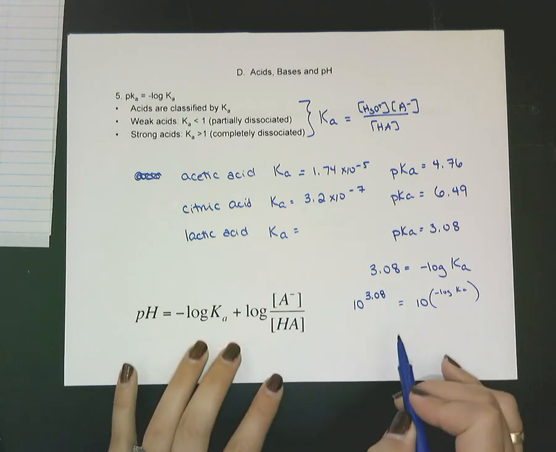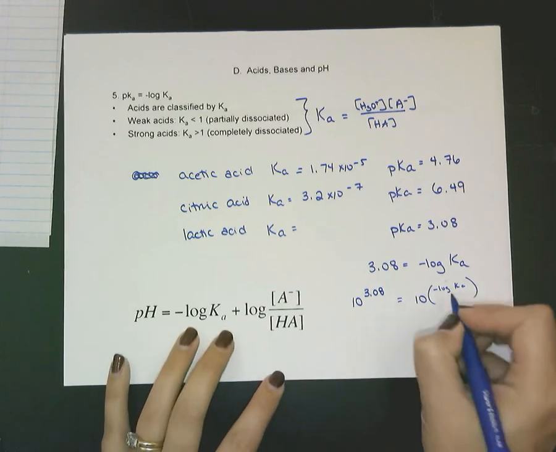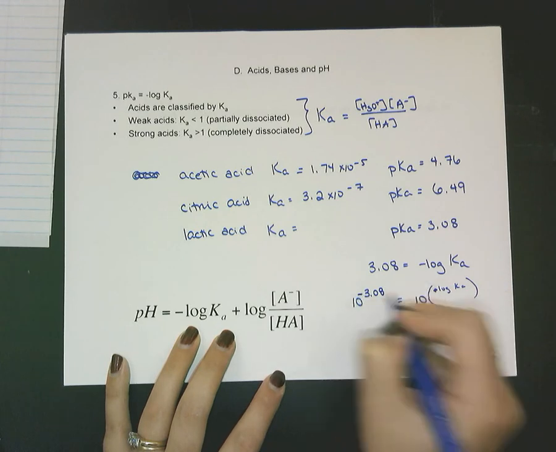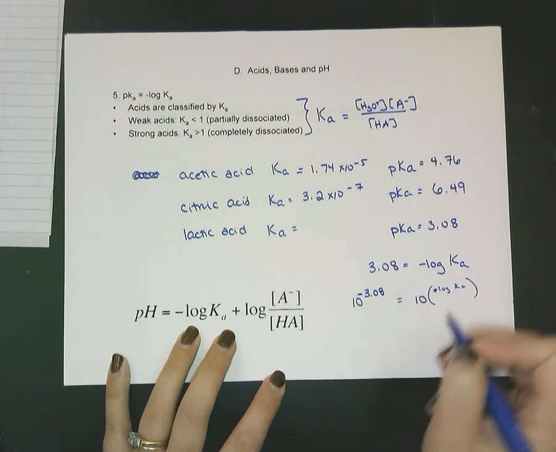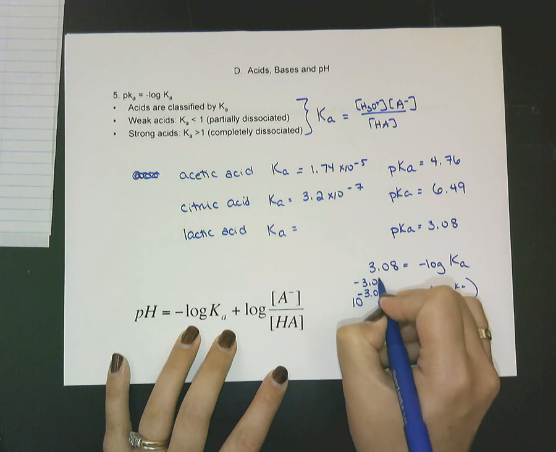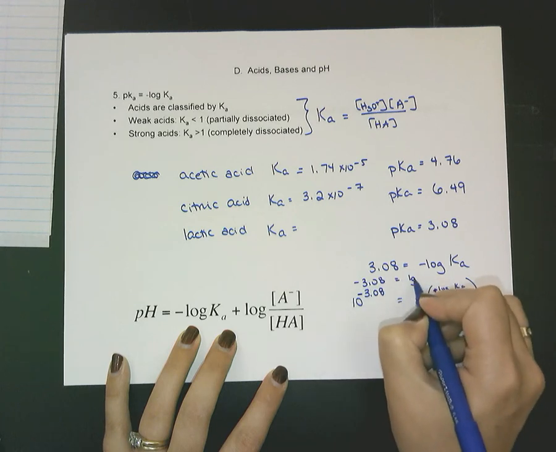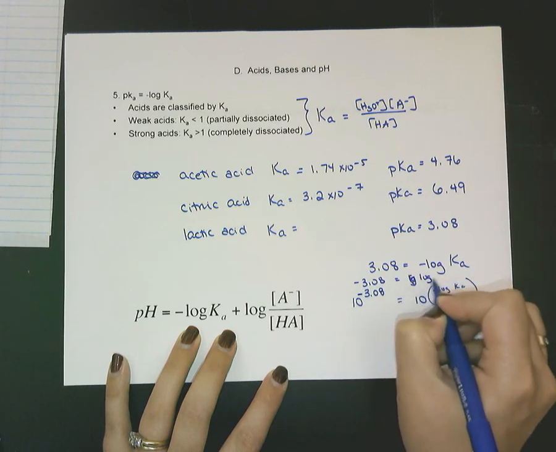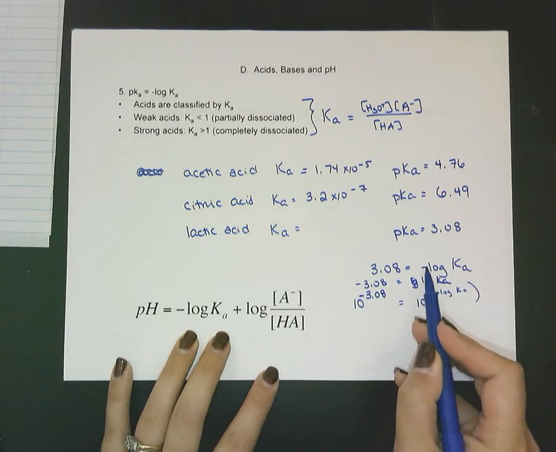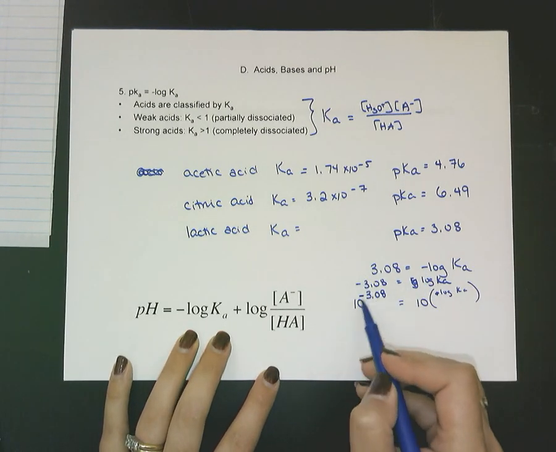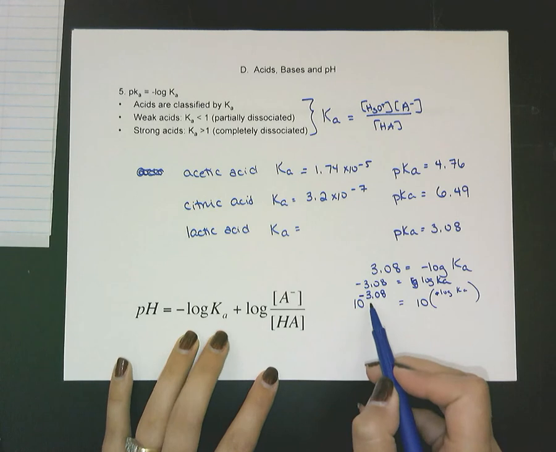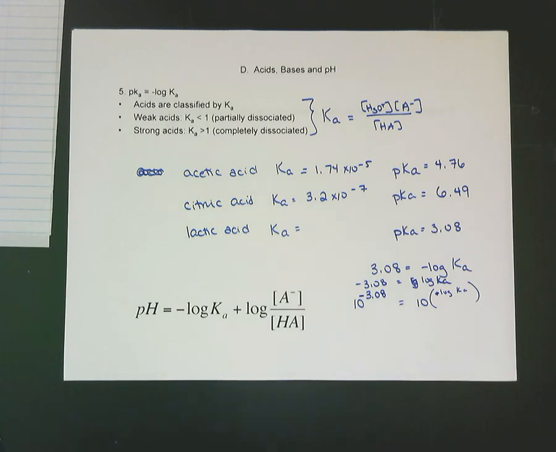Oh, I'm sorry, I messed it up. That negative should be over here. So the first thing you should do is switch that negative sign over. So now it's negative 3.08 equals log of Ka, and then do 10 to the negative 3.08.